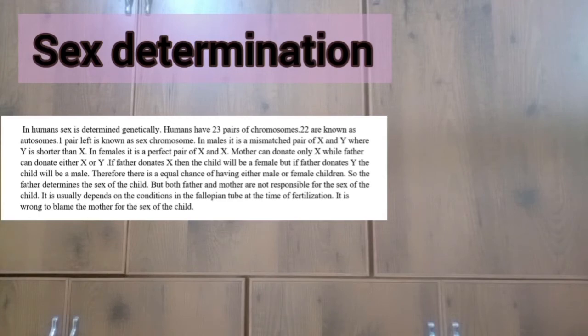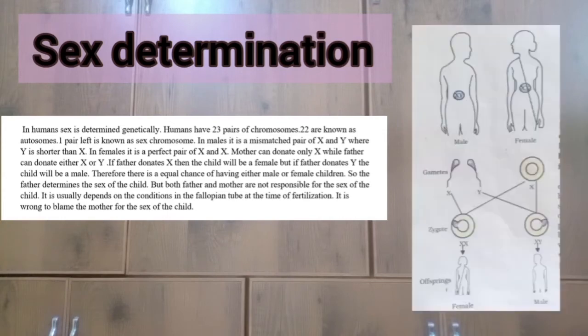Women have a perfect pair of sex chromosomes, both called X. But men have a mismatched pair in which one is a normal sized X while the other is a short one called Y. So women are XX while men are XY.